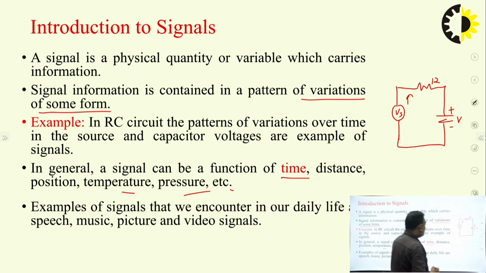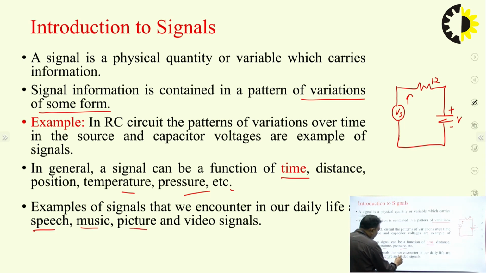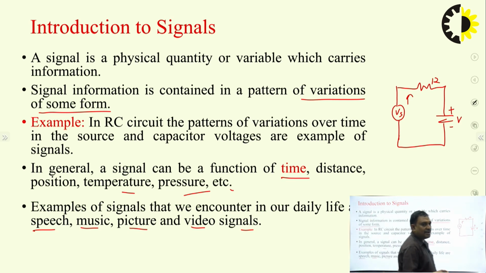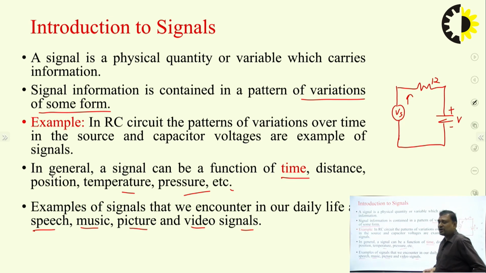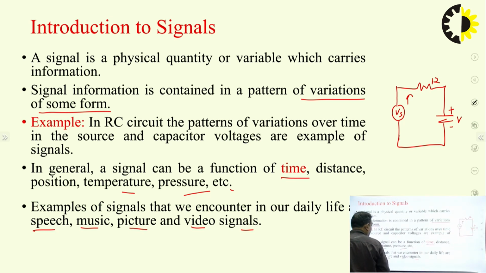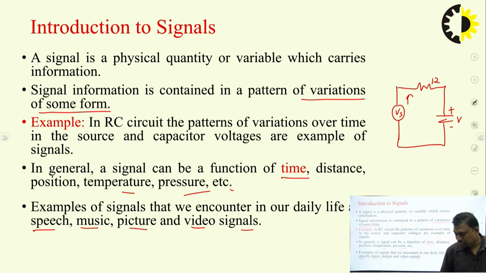General examples of signals in daily life are speech, music, pictures and videos. Speech and music are one dimensional signals, a picture is an image so it is a two dimensional signal, and video signals are three dimensional signals. But in our analysis we are restricted to only one dimensional signals.